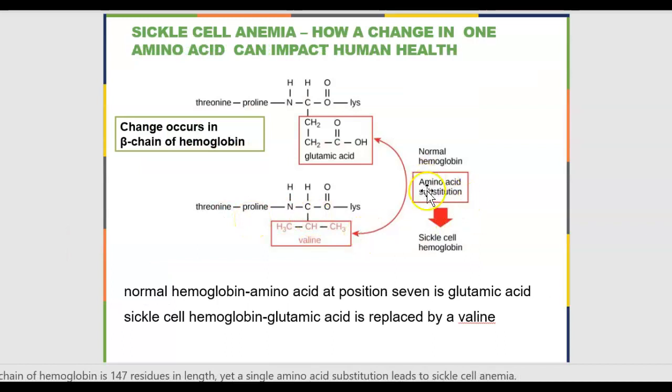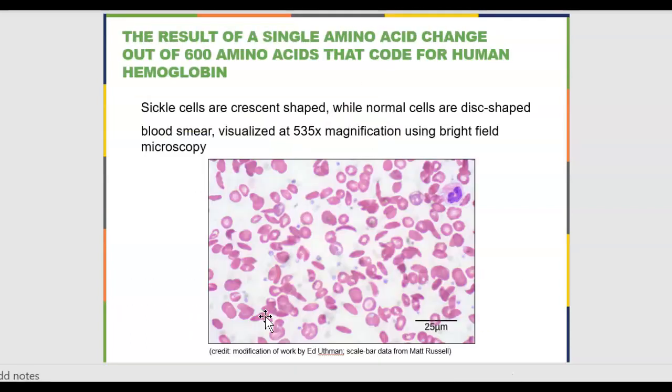There was a substitution that changed that hemoglobin molecule, which causes it to not be round, and causes the red blood cells, because that's where we find hemoglobin, to have an odd shape. Notice that some of the red blood cells have this odd shape. So that's the sickle cell trait or condition.